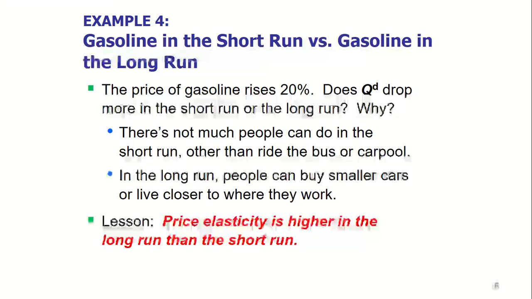That's more of a long run deal. Therefore, the lesson here is price elasticity is higher in the long run than in the short run. In the long run, everything is available, and in the short run, there are things that have fixed cost and fixed investment.